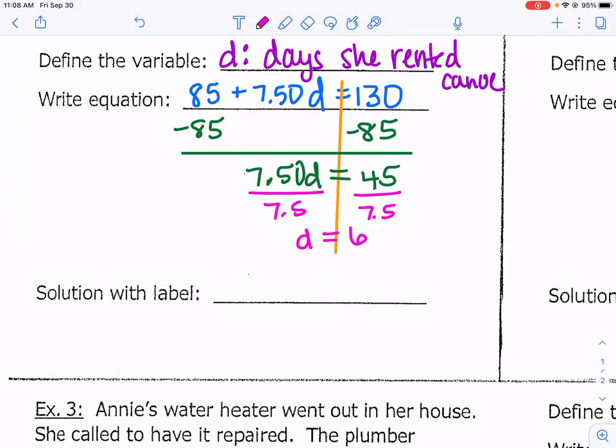Do you get 130? Oh, that's so great. Okay, so our solution is she rented the canoe for 6 days. A lot of canoeing.